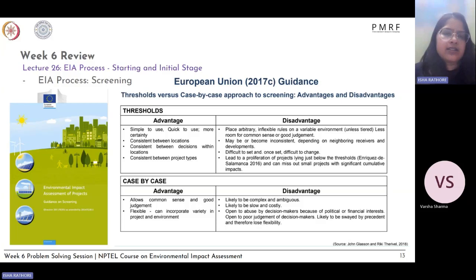Whereas a case by case approach is undertaken where you look at the type of project, you give all of the major details, and then you see whether it will have a significant negative effect or not. Then on a case by case basis, you analyze whether this project requires an EIA or not. In that sense, it's slightly flexible, so it can incorporate the variety in projects and environments. And there are, of course, disadvantages associated with both of these screening methods.